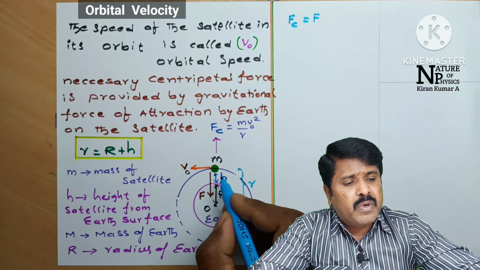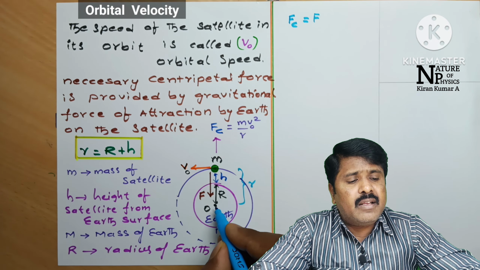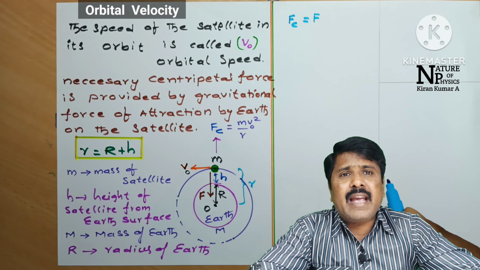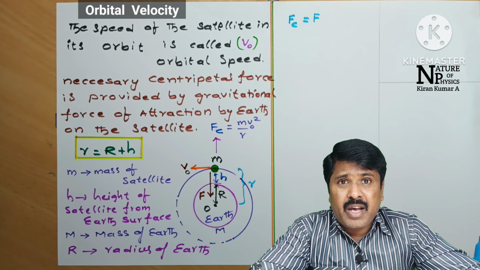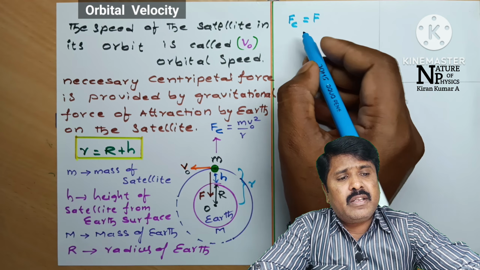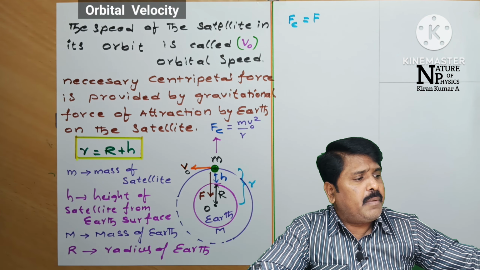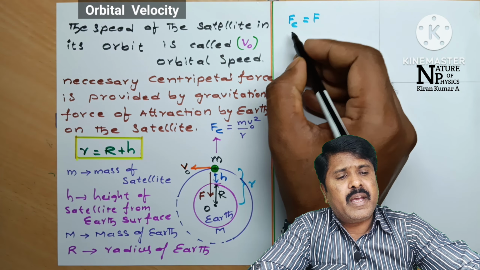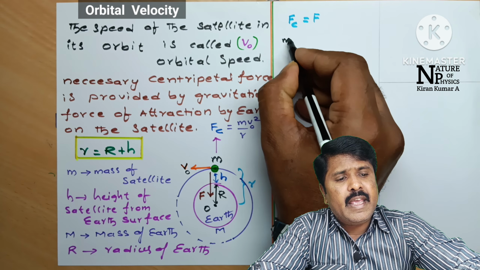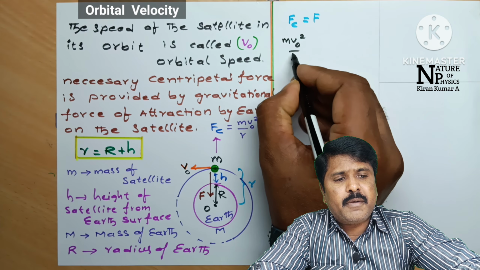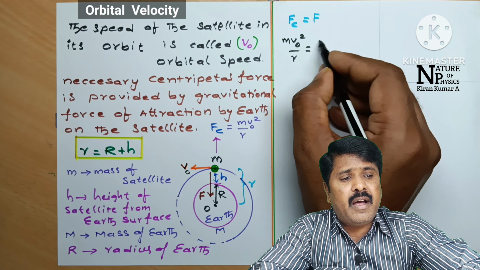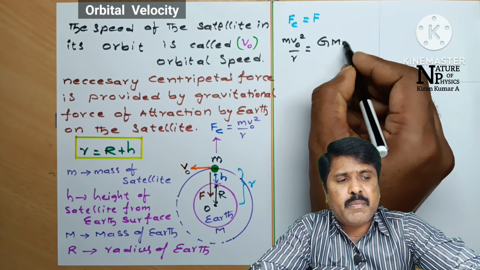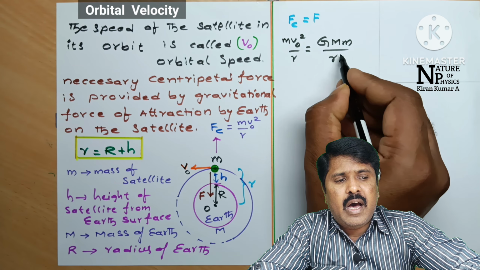The gravitational force acts toward the center of the Earth, and the centrifugal force acts away on the satellite of mass small m. Now we replace the values step by step. Fc is m v naught square divided by small r, which is equal to the gravitational force G capital M small m divided by r square.